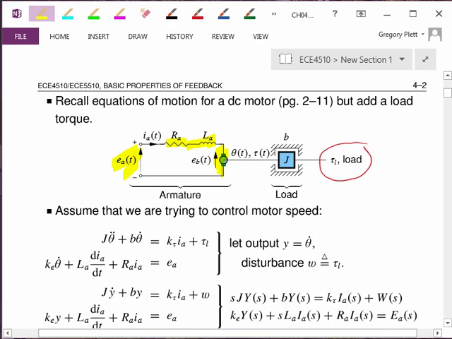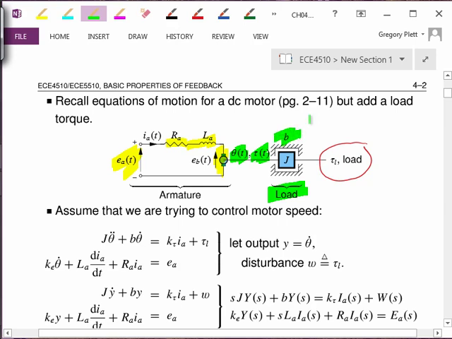But as it spins, the output of the motor is going to be the position theta of t, and there's going to be a motor torque also that is able to accelerate a load with the moment of inertia J and some friction constant B.